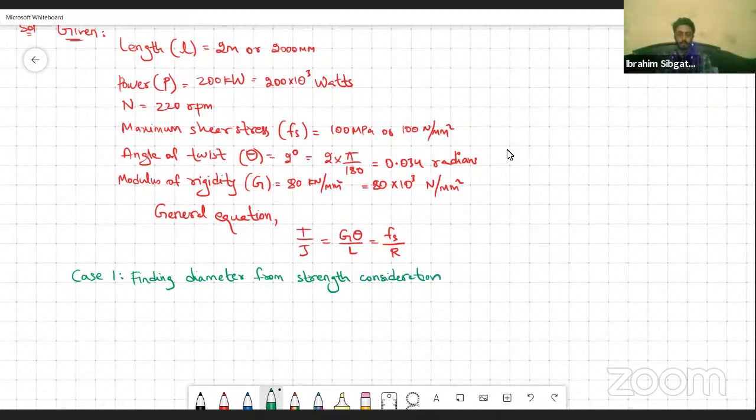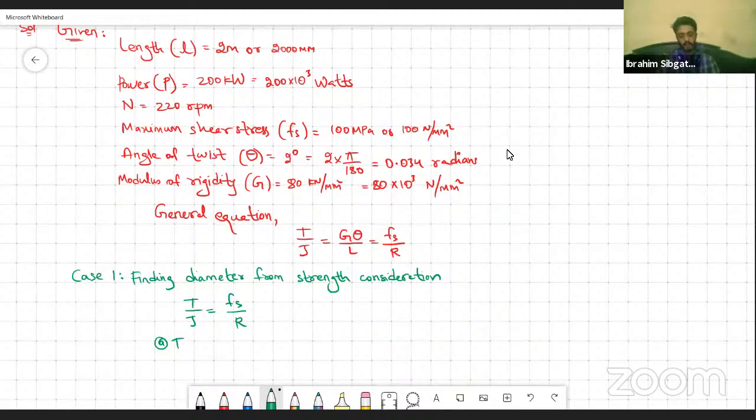Okay, so from strength consideration means we have to consider the formula T by J equals to Fs by R. Okay, so now starting with T, the first thing that we have to find out is torque T.